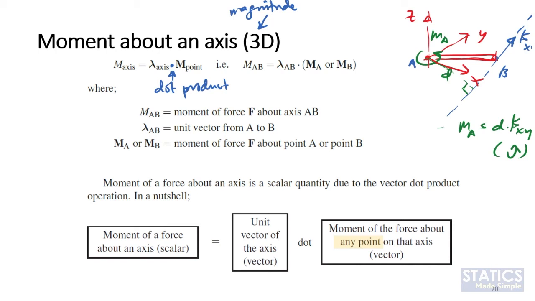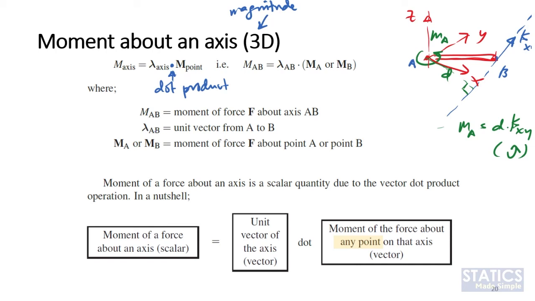So this lambda axis must be from, let's say if we are talking about MAB, moment about force F about axis AB, so lambda must be from A to B. And if we are talking about moment at the point, it can be any point on top of lambda AB.